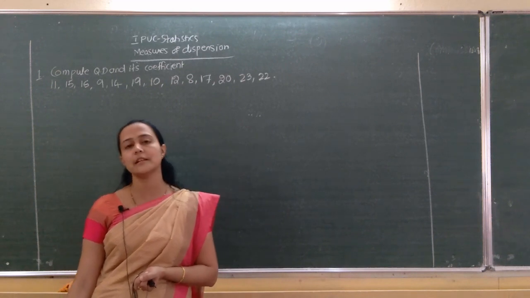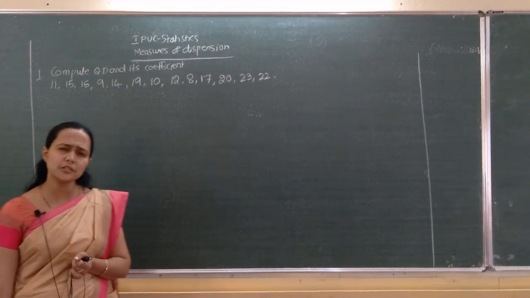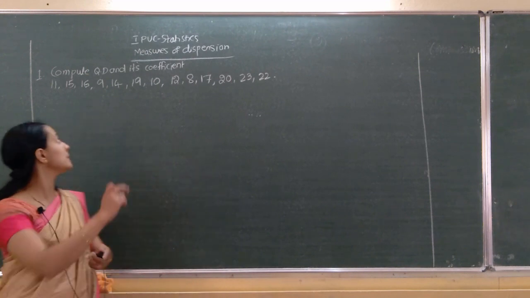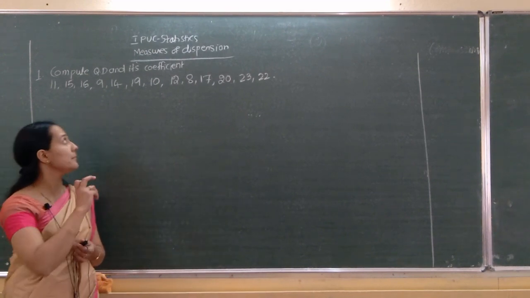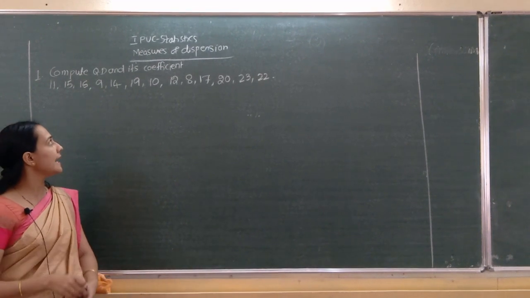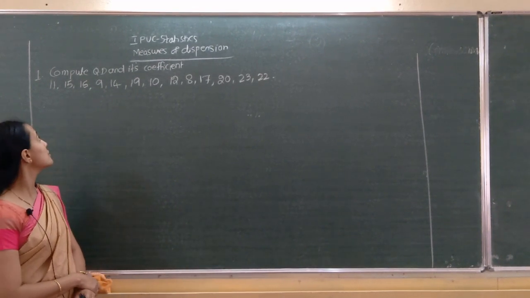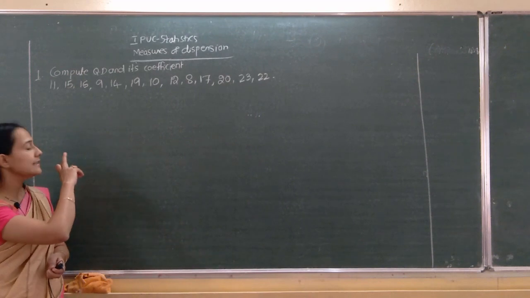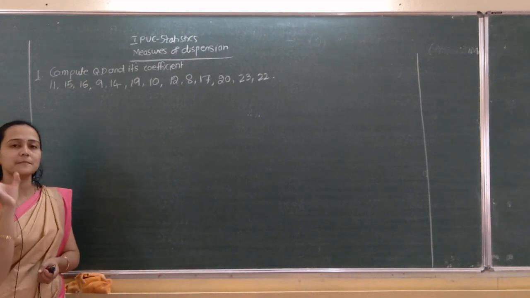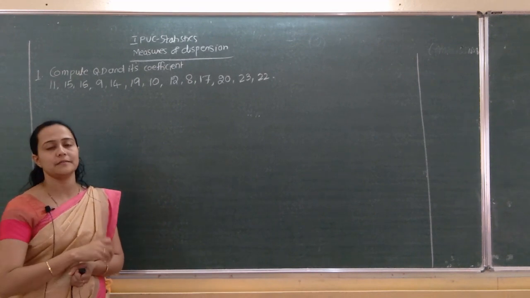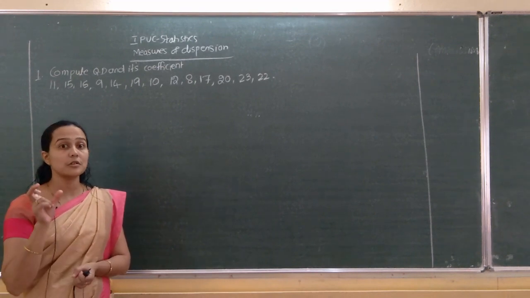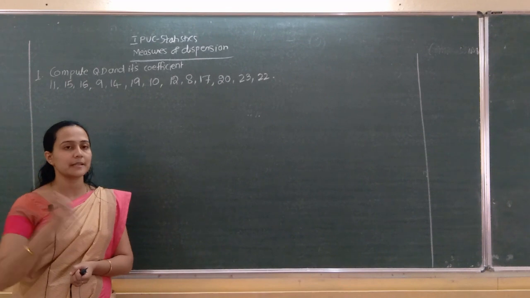So first we will go to raw data or ungrouped data. See, these are the observations. We will take the first problem: compute QD and its coefficient. Simply observations are given. First we have to compute quartile deviation. First you have to remember the formula.